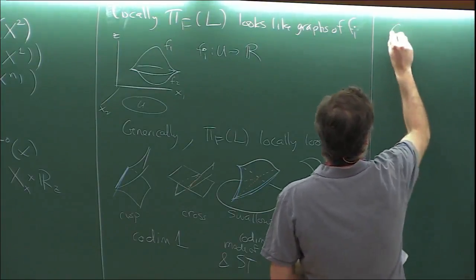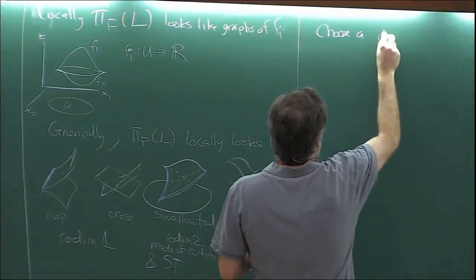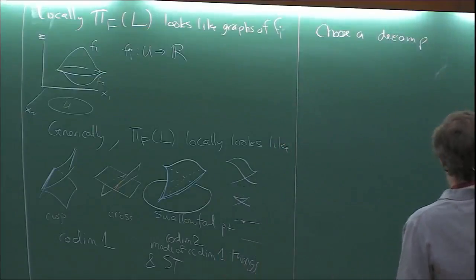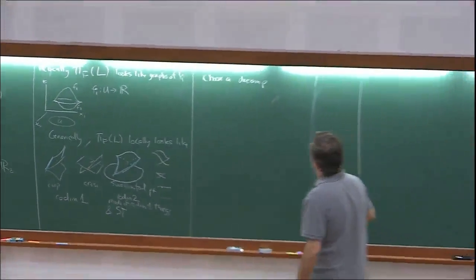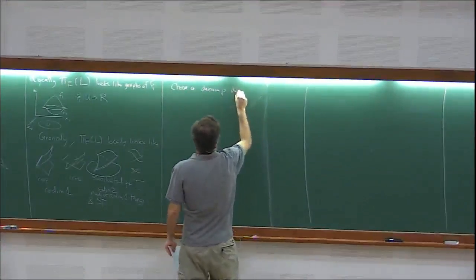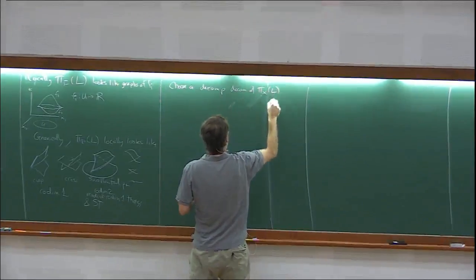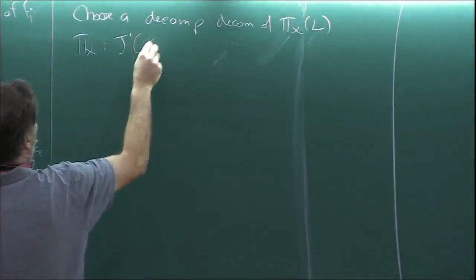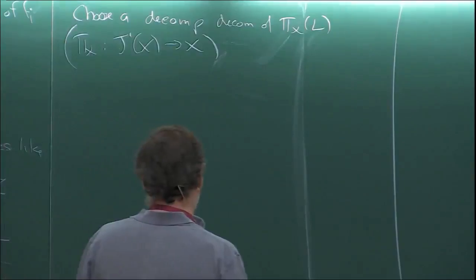We're going to choose a polygonal decomposition of pi x of L. So here pi x is just the projection all the way down to the base.